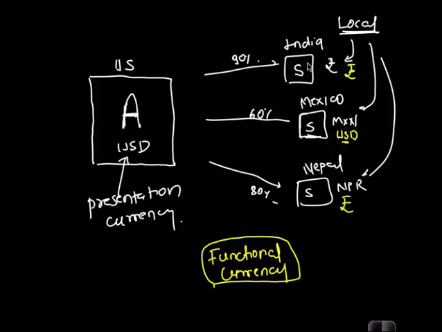Now look at in case of Indian scenario. In Indian scenario, we would be converting in a way the functional currency to presentation currency, which in this example is rupees to US dollar. So if you are converting functional to presentation, there is a different method proposed.